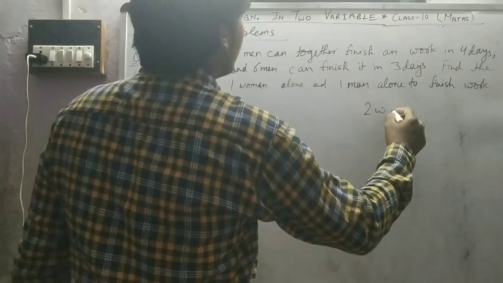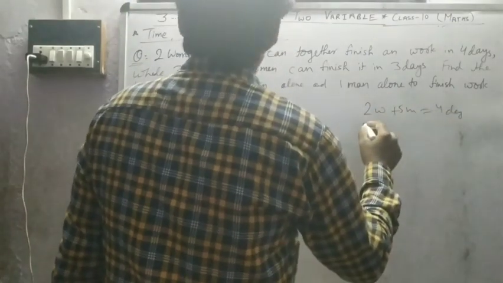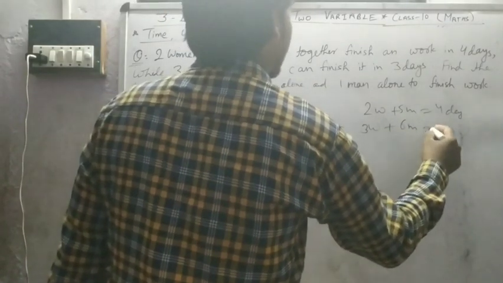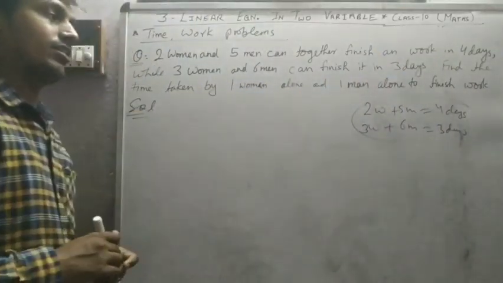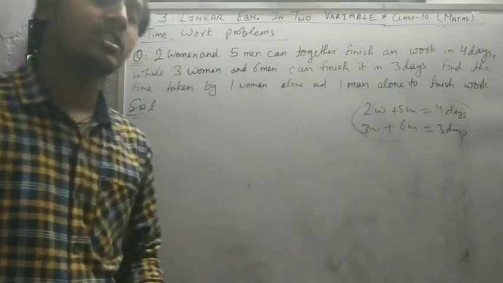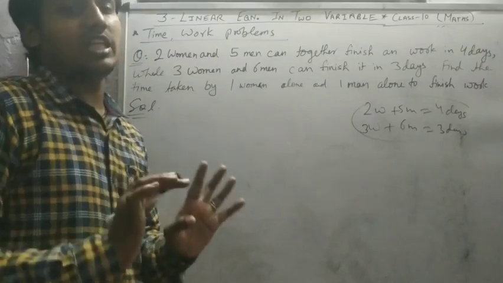Two women, 5 men, 4 days. 3 women, 6 men, 3 days. You want to find how many days 1 man alone and 1 woman alone take to finish the same work.